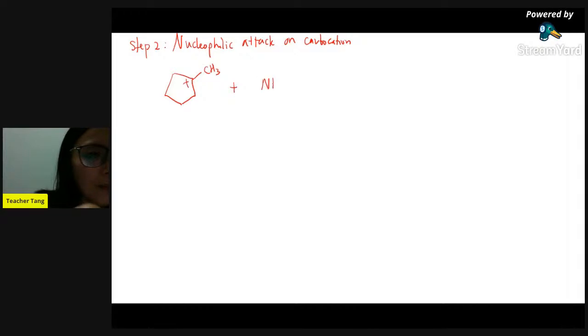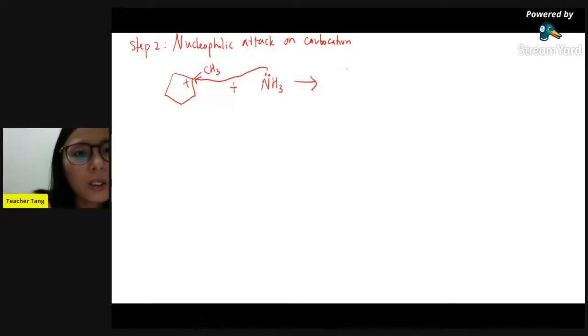Our nucleophile is ammonia. Ammonia is rich at the nitrogen, has one lone pair. It goes to attack the carbon that carries the positive charge, giving you CH3 and NH3. So here will be positive.